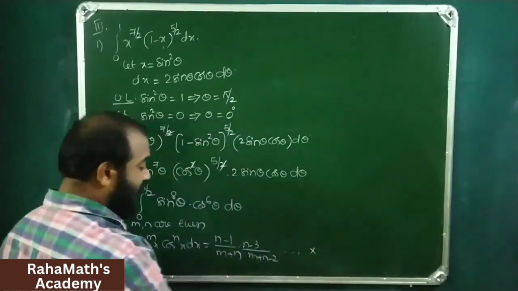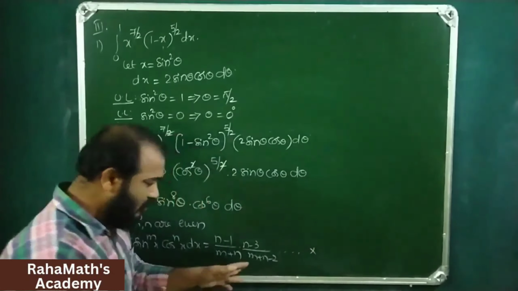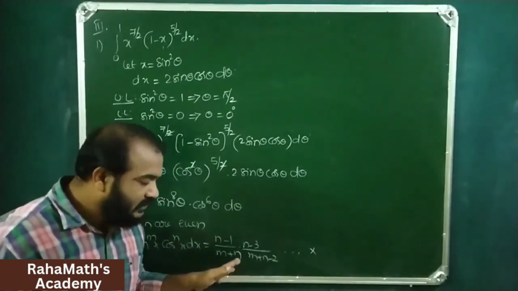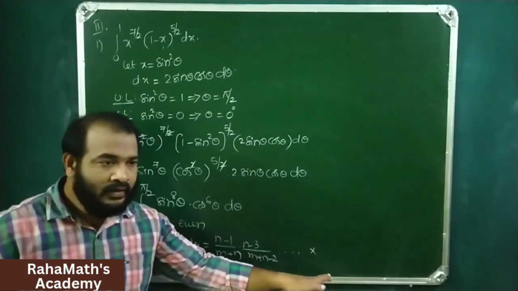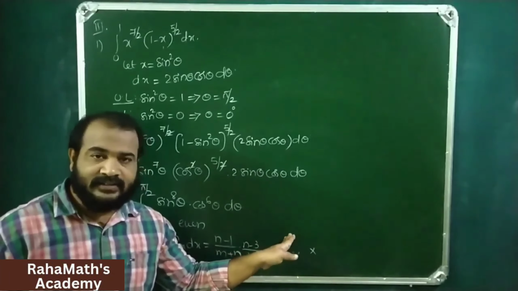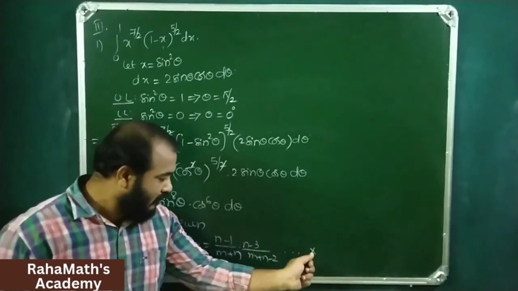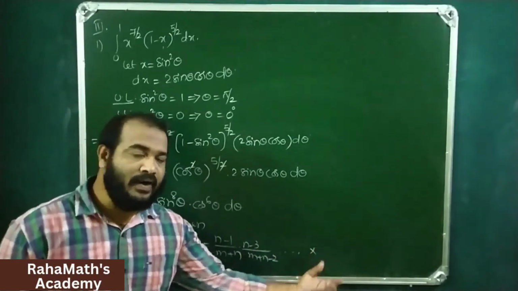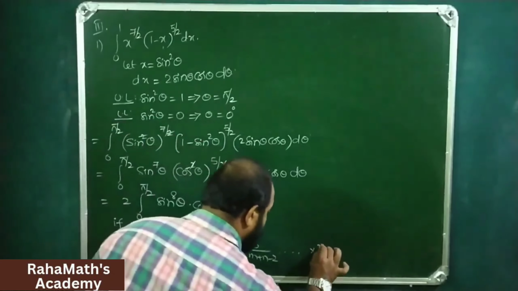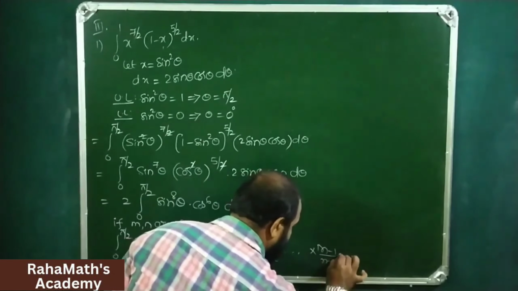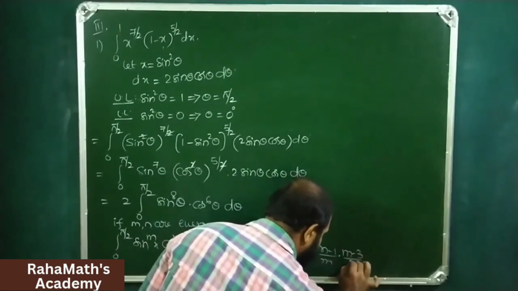This continues as long as the numerator gets 2 or 1, and if further reduction is not possible, then we need to start the second part. What is the second part? (m minus 1) by (m minus 3) by (m minus 2).